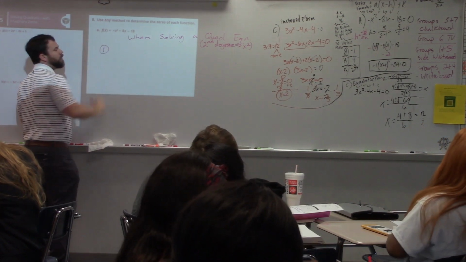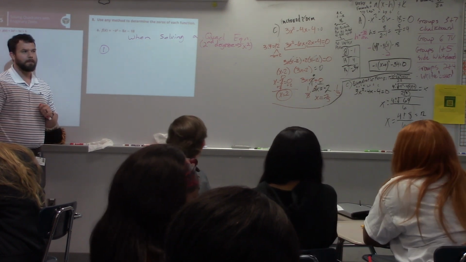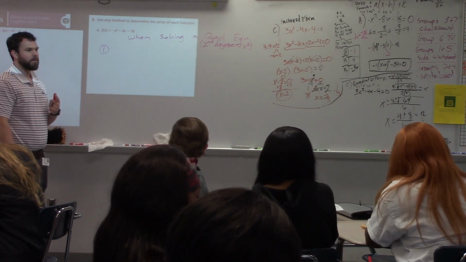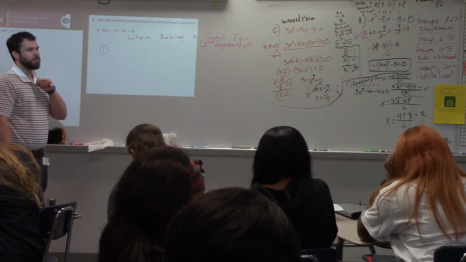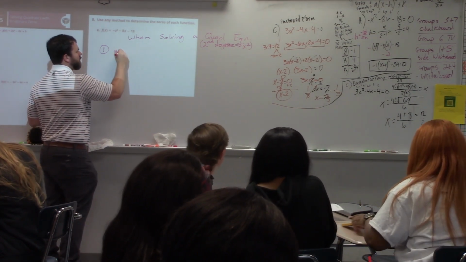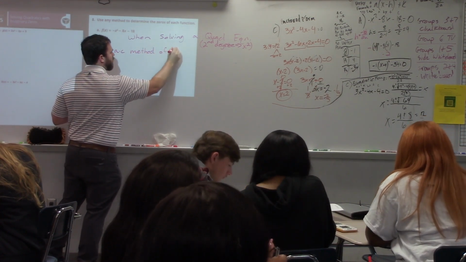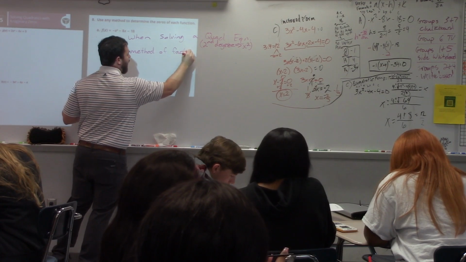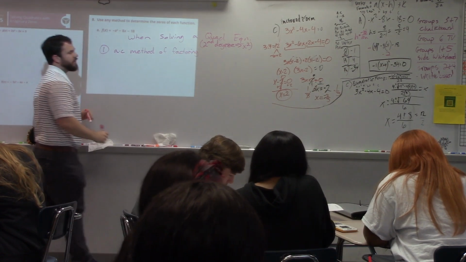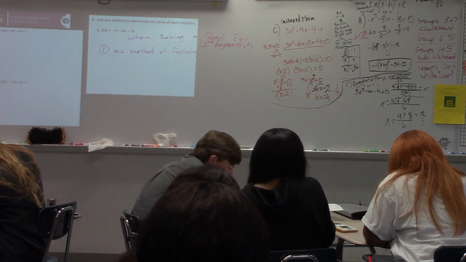What is a method we can use to solve that quadratic equation? What's the first method most of us try to jump to? AC method of factoring. Now, what do we have to have in order to use the AC method of factoring? We have to be able to factor, yes, but what does that equation have to equal?